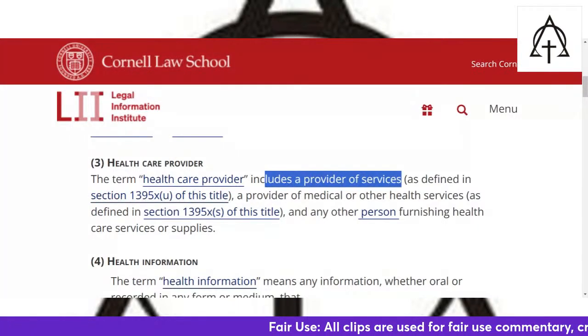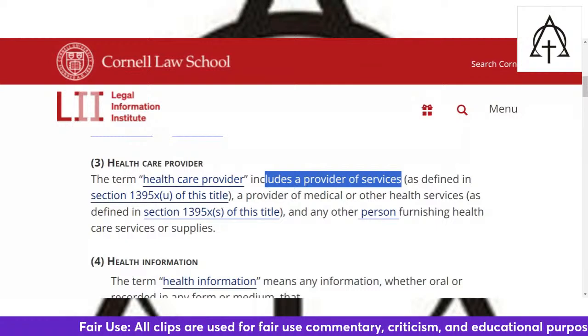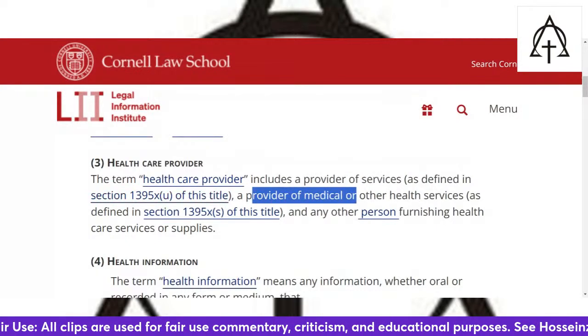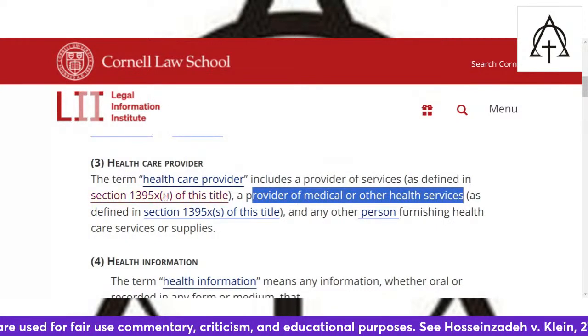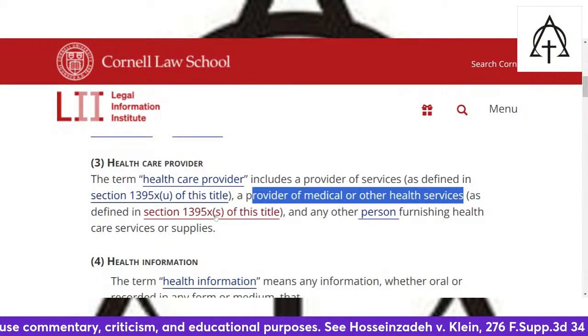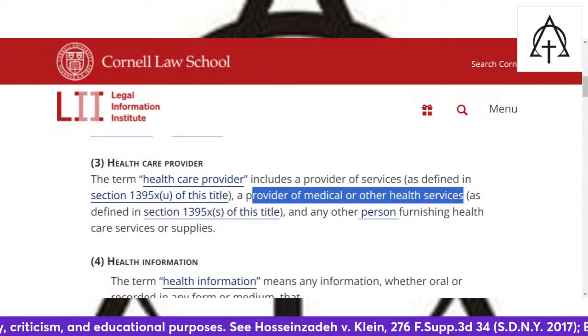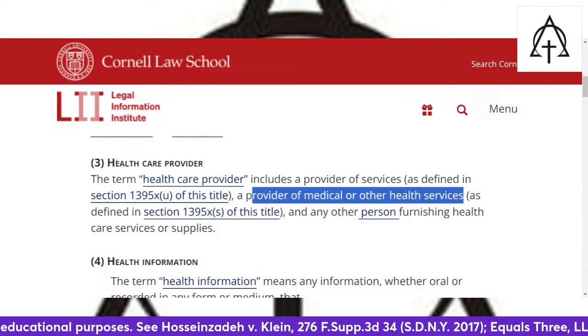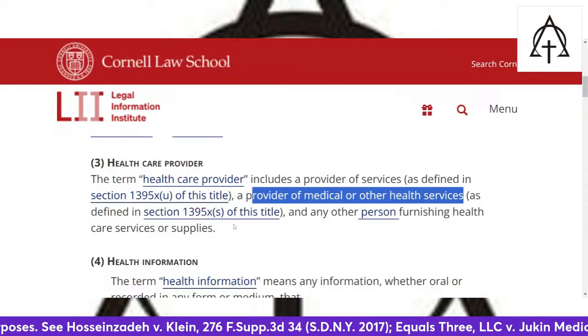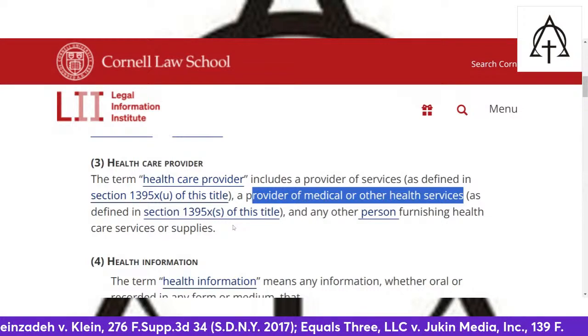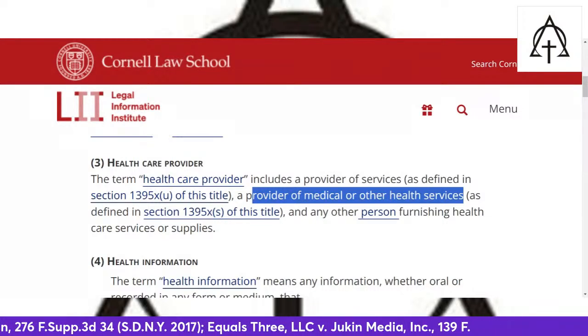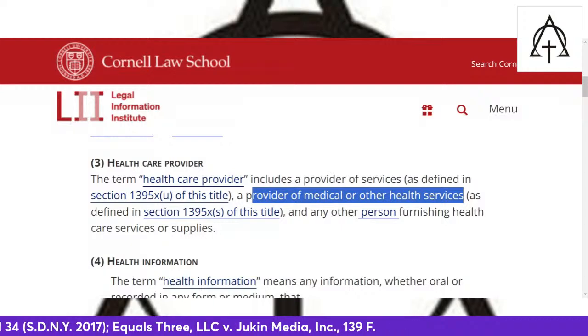What was 1395x? That is where you're born under a spell of illness, folks. A provider of medical or other health services, as defined in Section 1395x(s) of this title, and any other person furnishing healthcare services or supplies, outpatient or inpatient hospital services beginning the first day. Spell of illness.